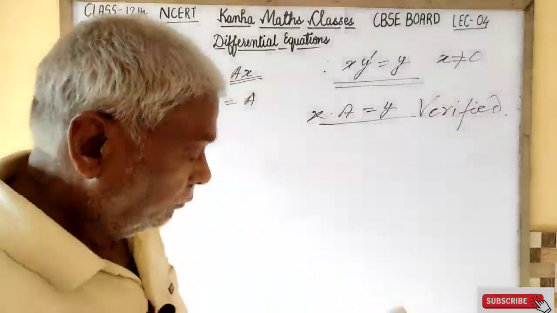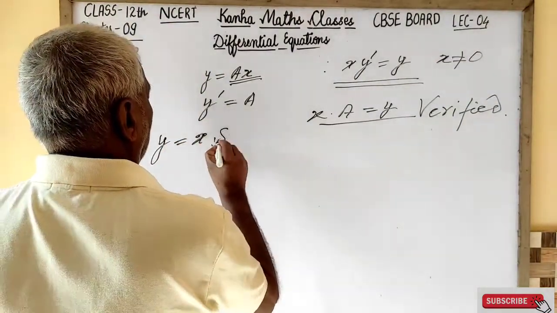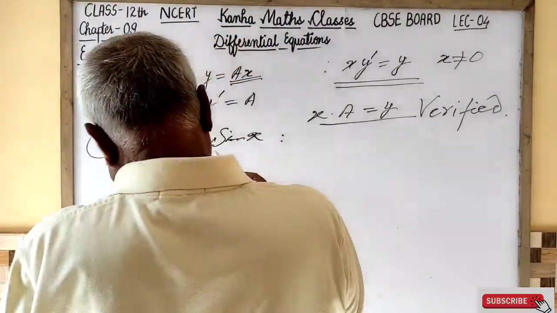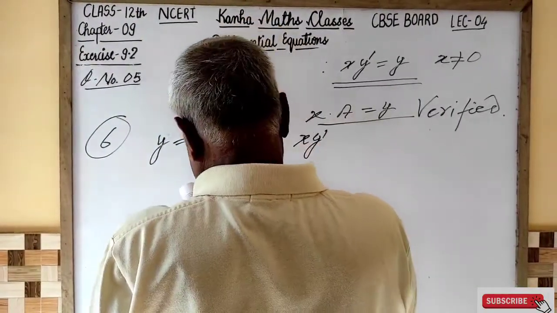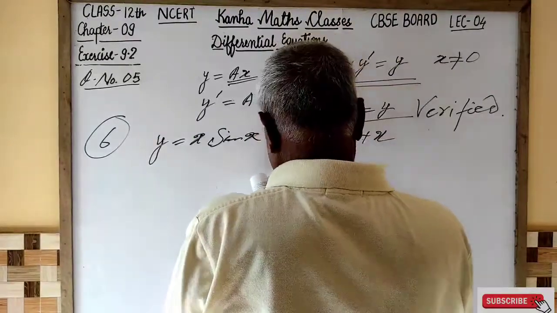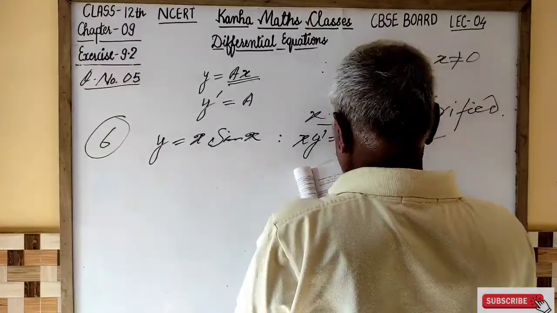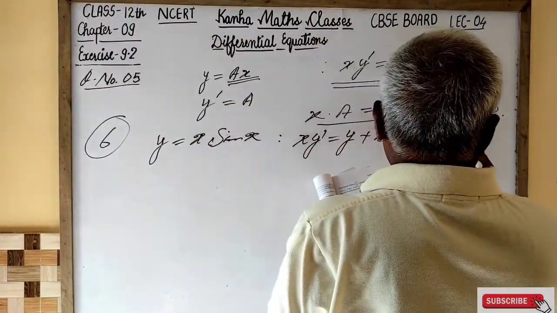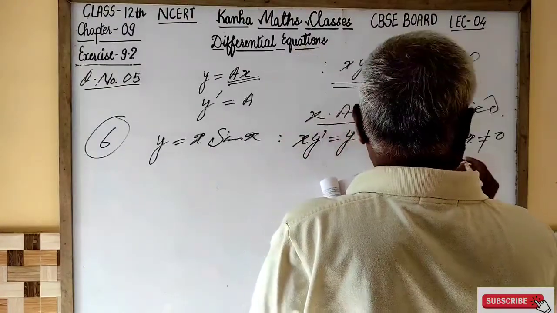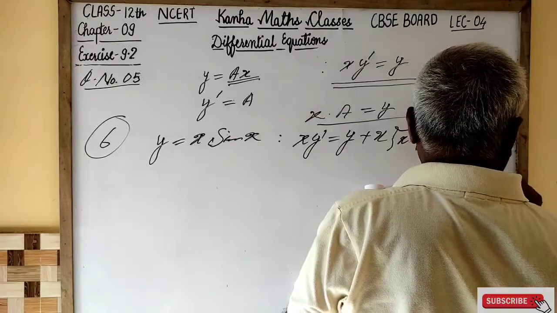That is, y equal to x sin x, and the concerned differential equation is x y dash is equal to y plus x under root x square minus y square, such that x is not equal to 0, when x is greater than y or x is less than minus y.